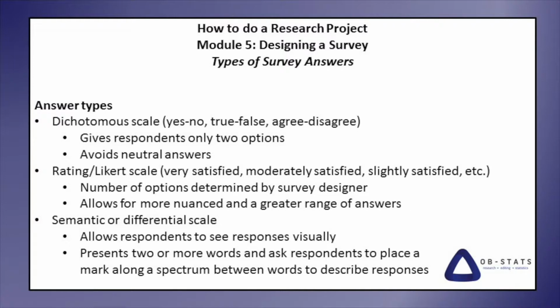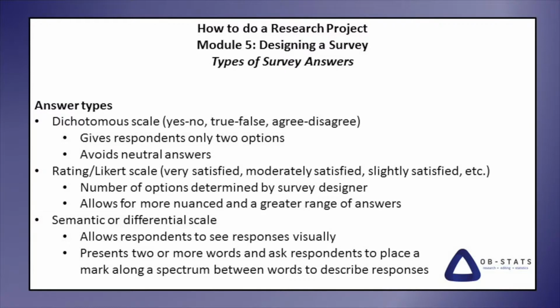The second kind of answer is a rating scale that may include as many points as the researcher desires in order to have options for the respondents, i.e., a Likert scale. Another example of this would be a 7-point scale that includes very satisfied, moderately satisfied, slightly satisfied, neutral, slightly dissatisfied, moderately dissatisfied, and very dissatisfied options. This allows for more nuanced responses from the surveyed population.